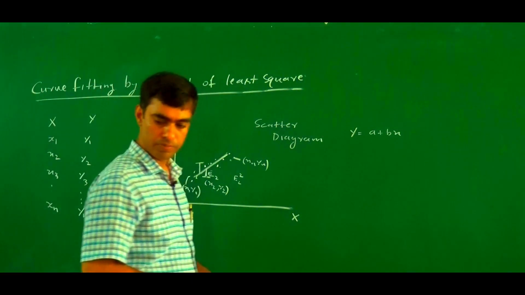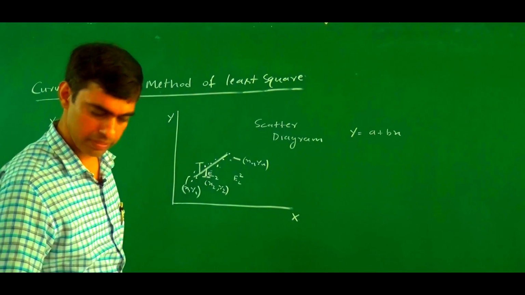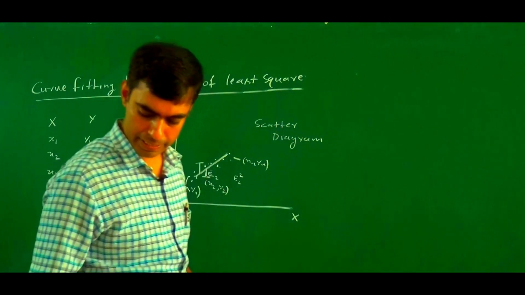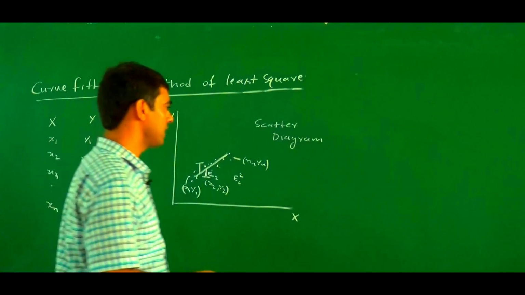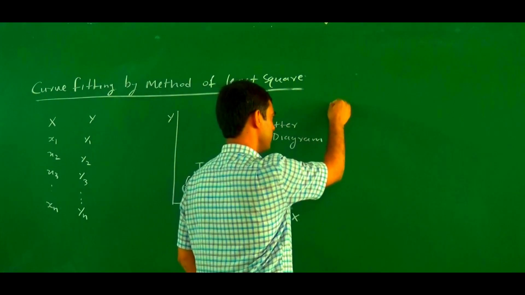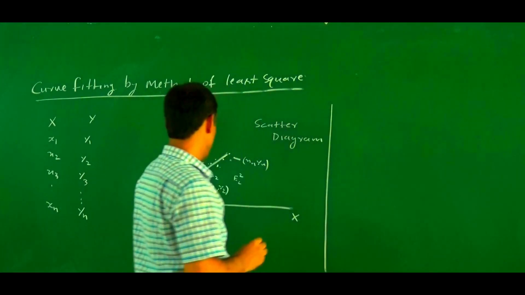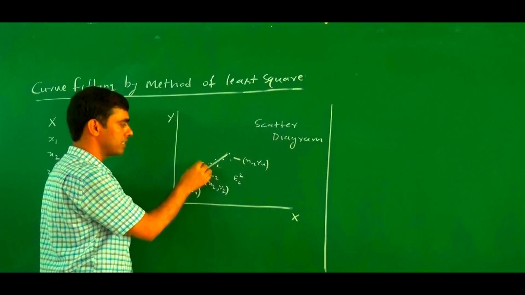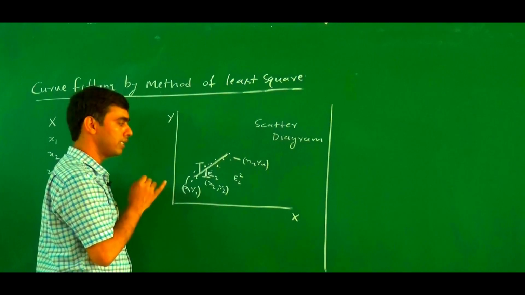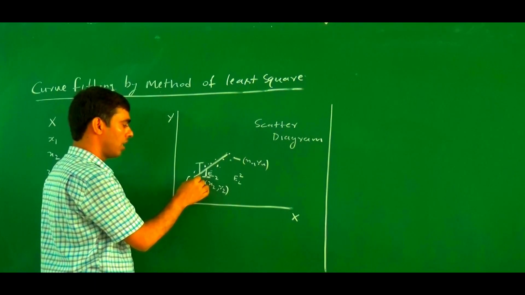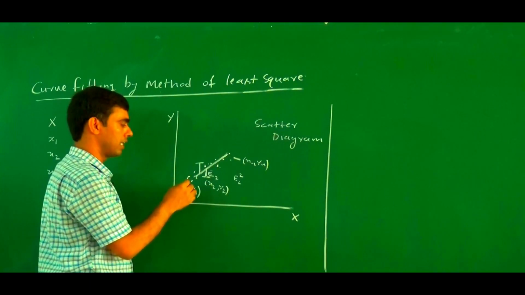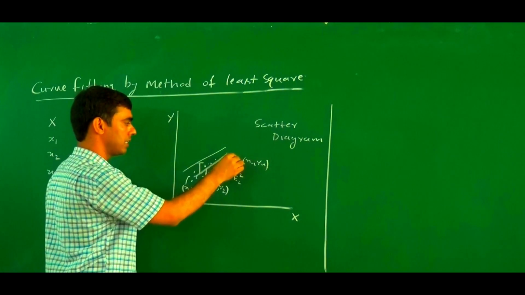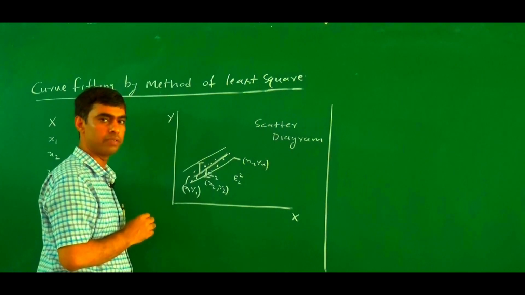So mathematically, how do we find the values of a and b? What is our aim? Our aim is to minimize the error. In other words, how many possibilities of a straight line are there? Suppose this one is the upper limit of the data and this one is the lower limit of the data.